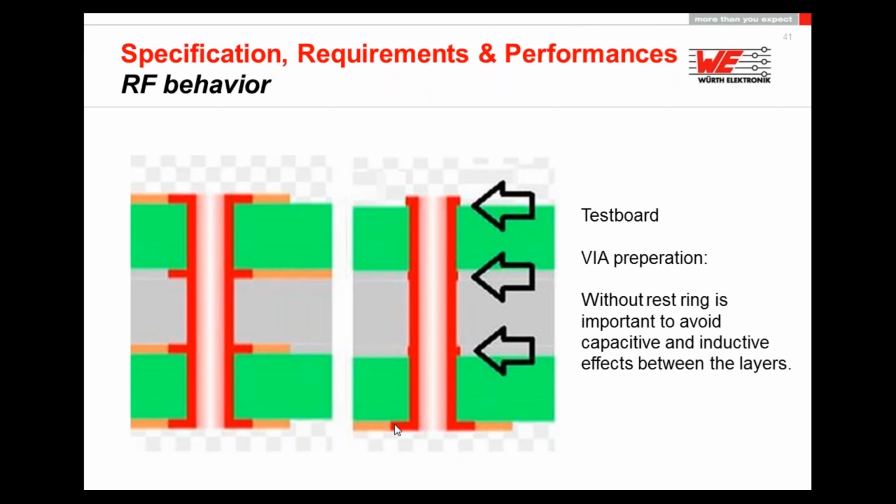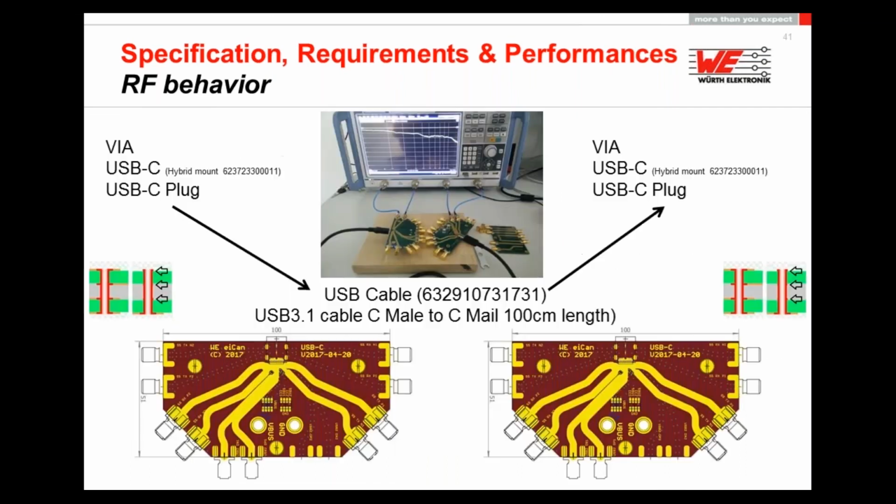And then when we measure a system, it's nice when you contact your connector manufacturer and they send you some S parameters of the connector, but what does it tell you? At that moment really nothing, because we have to measure the whole system, from the via, or we can say from the entrance of the signal, over the USB socket, over the plug, over the whole cable that we need.